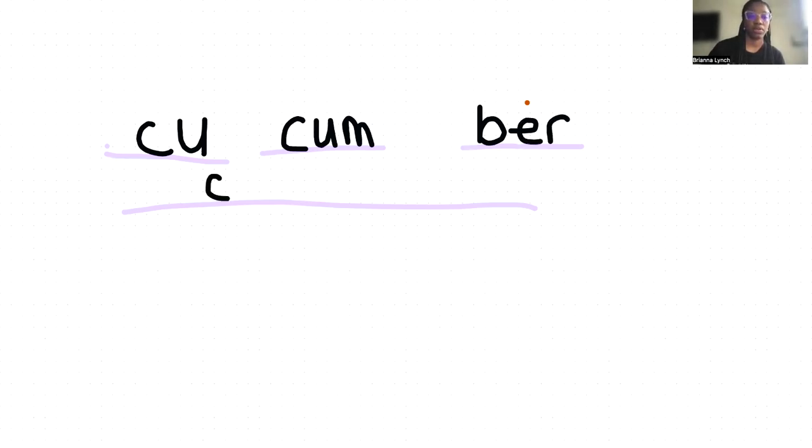Q, ver. Cucumber. All right. So we put it together and that's what our word is. All right. Now we're going to the next one. Go ahead and erase that.